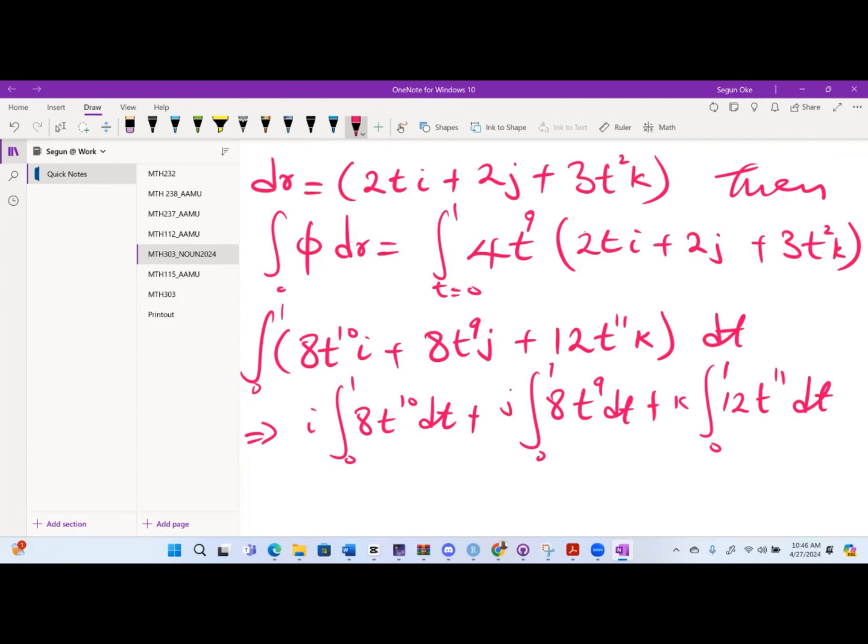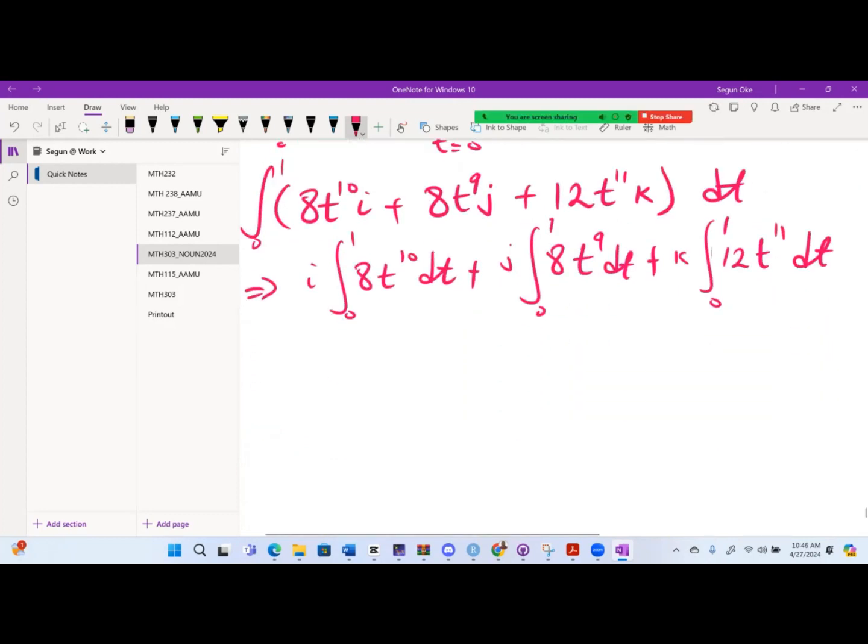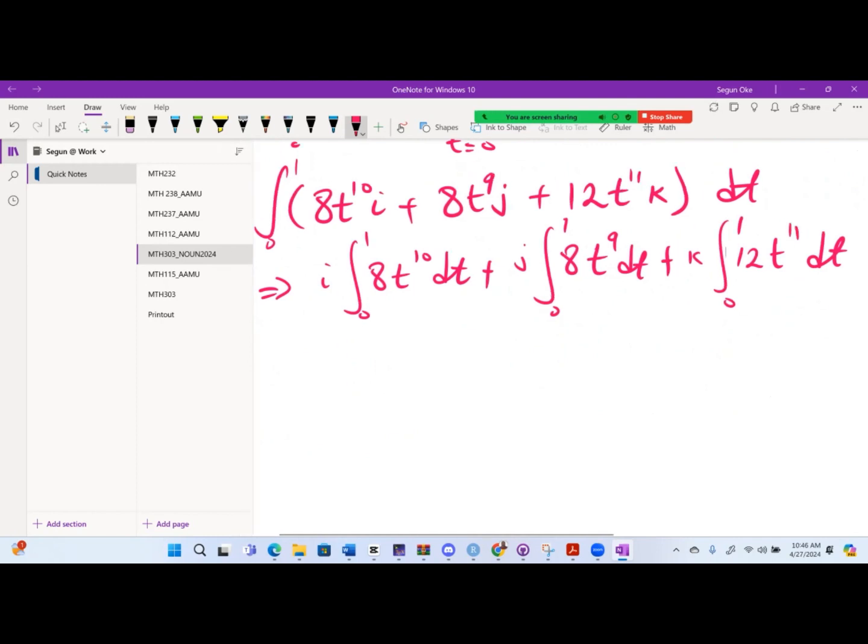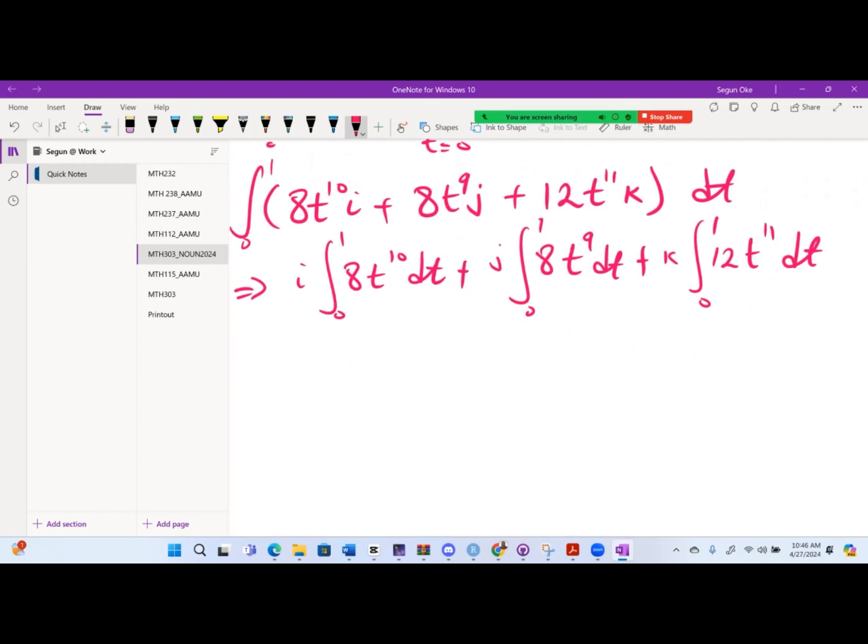So I can now begin to solve this problem. If I integrate this, what do I have?